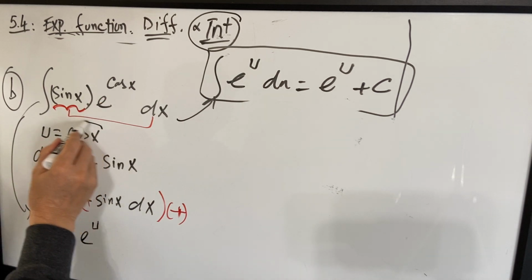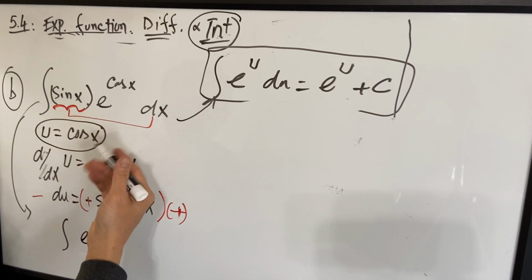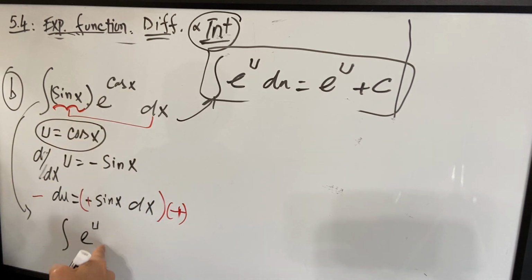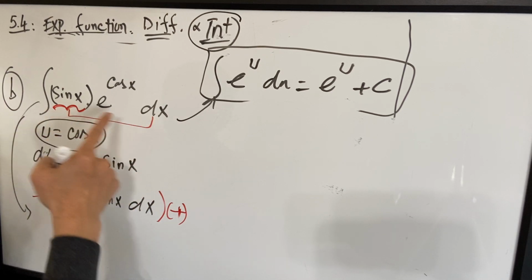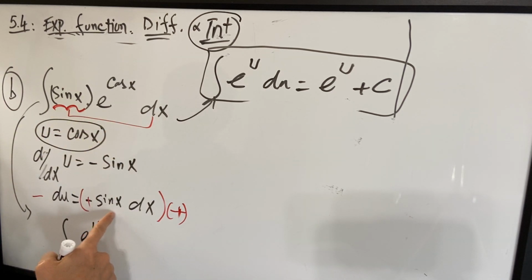There we go. Got it? Convert everything from x to u. And then your sine x dx, sine x dx is what? Sine x dx is your negative du. There we go. It's not that bad, right?